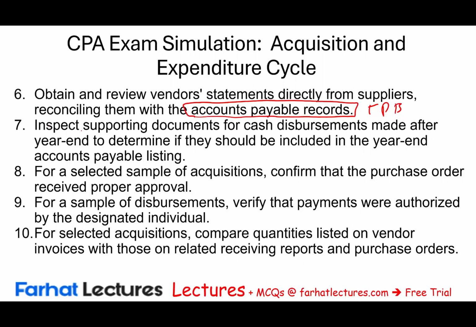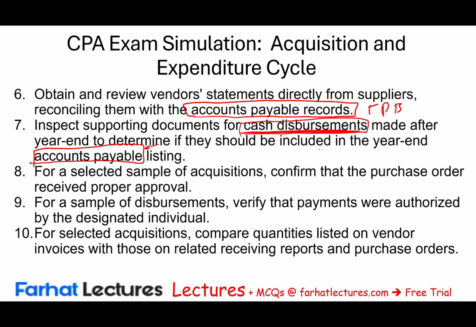Number 7: inspect supporting documents for cash disbursements made after year-end to determine if they should be included in the year-end accounts payable listing. We're looking at specific cash disbursements, not the whole cash account. But we're determining if they should be included in the year-end accounts payable. So we're making sure that the accounts payable as a balance is correct, specifically complete.